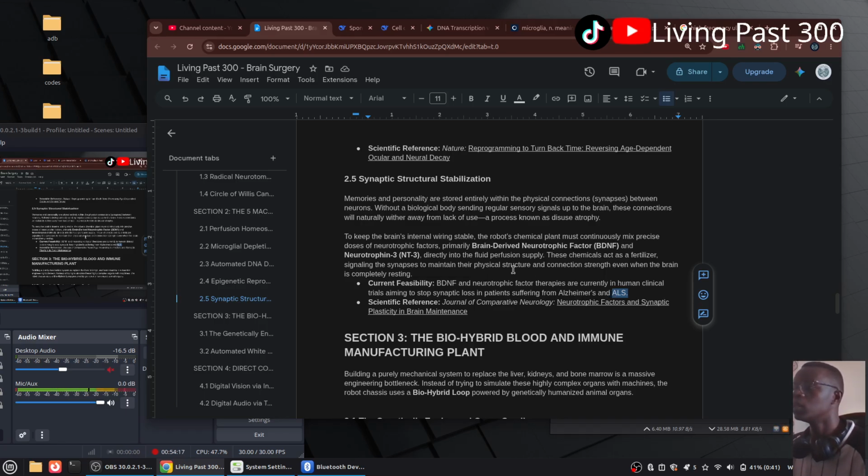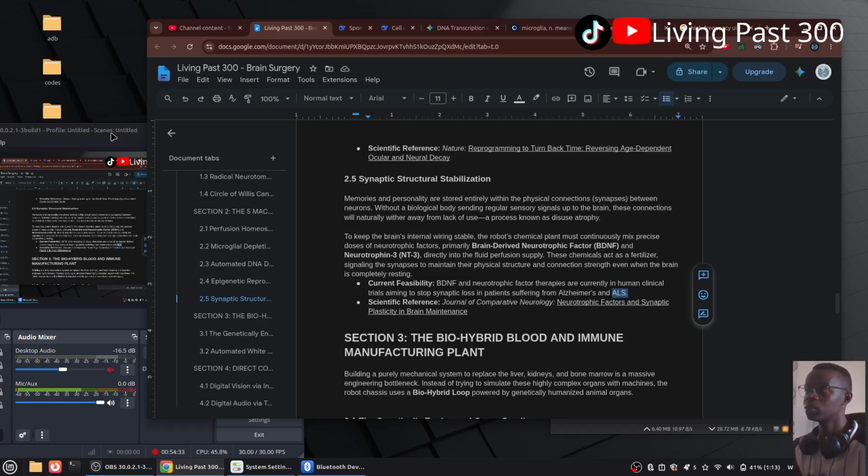And basically in ALS, your neurons vanish. The neurons that should carry information from your brain to the hand to move it completely die off.